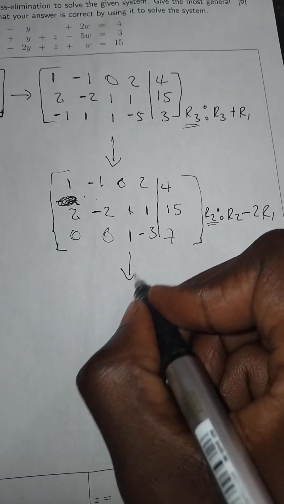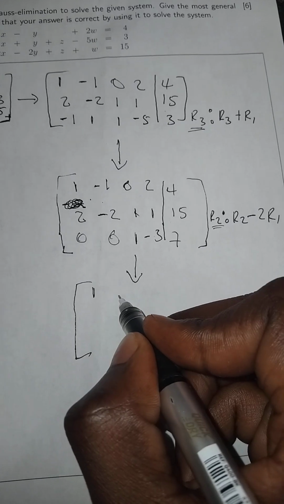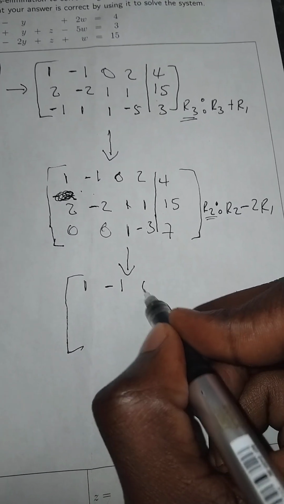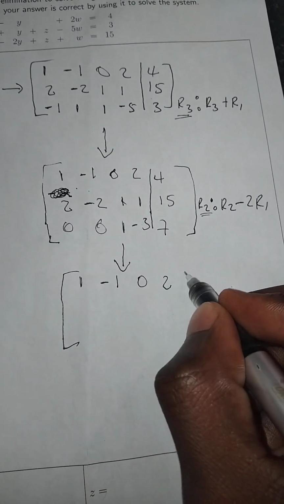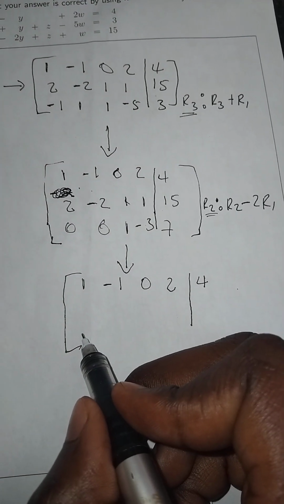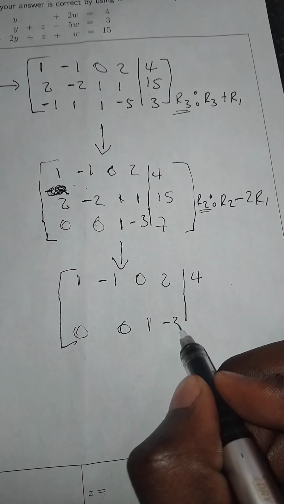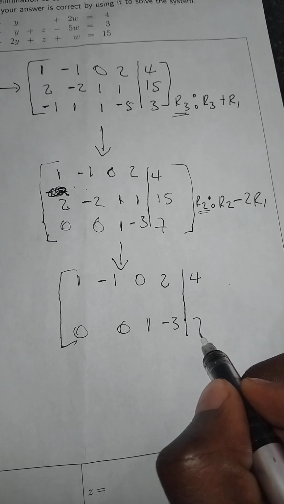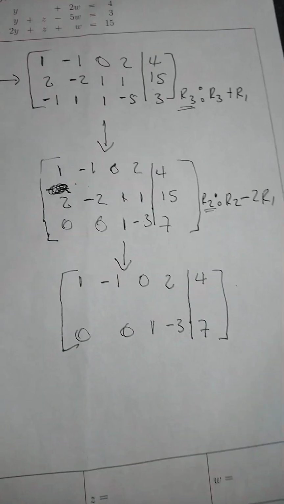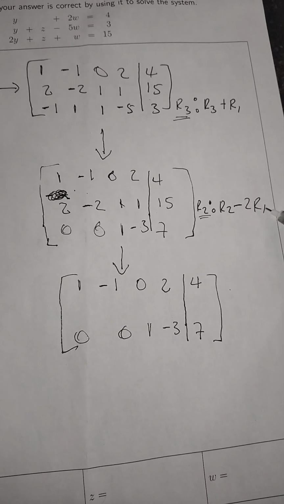The new matrix will look like 1, minus 1, 0, 2, 4. Then I keep row 3 as it was: 1, minus 3, 7.